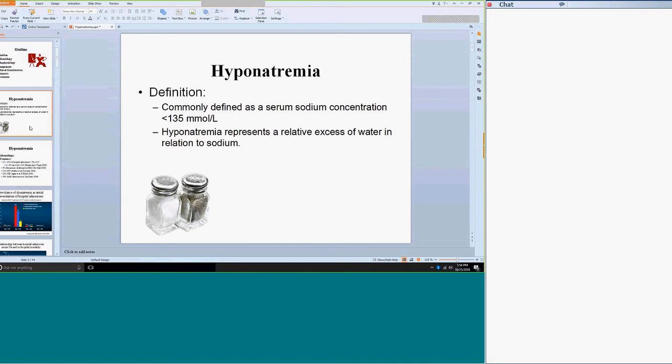Because most people, as soon as they see low sodium levels, think they should have a bit more salt in their diet, when actually they have to drink less water.